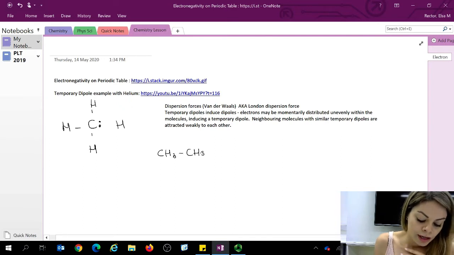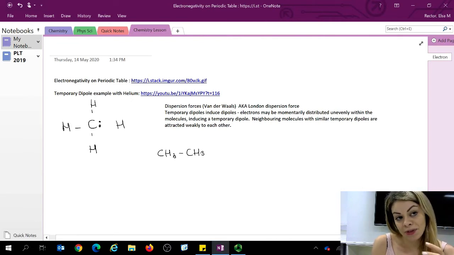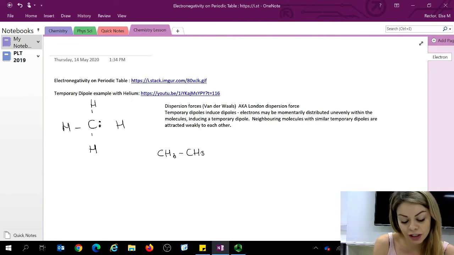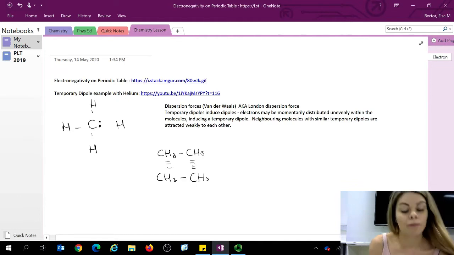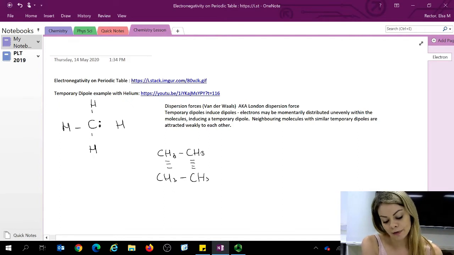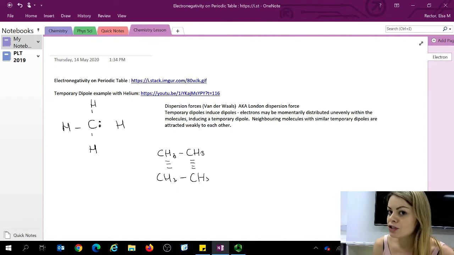So if that bonds with the van der Waals forces to another ethane, those bonds are sort of in here somewhere, okay? So there's minimal points of contact there for the van der Waals forces to exist.